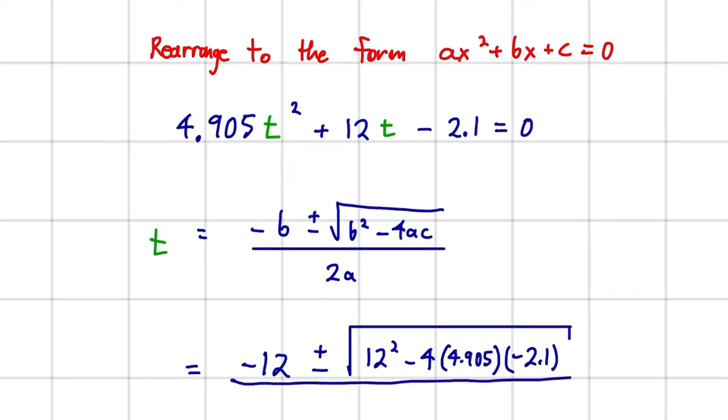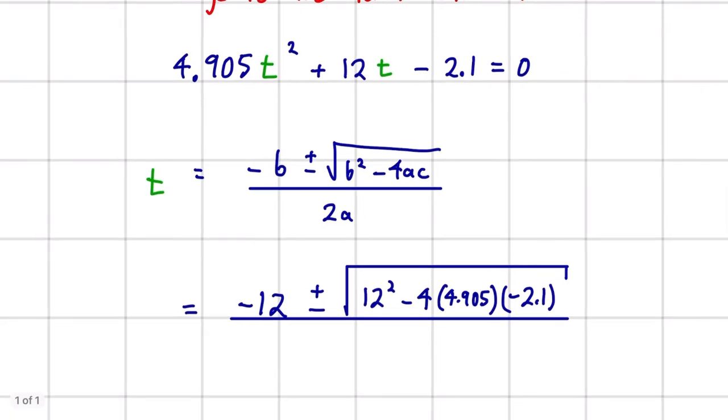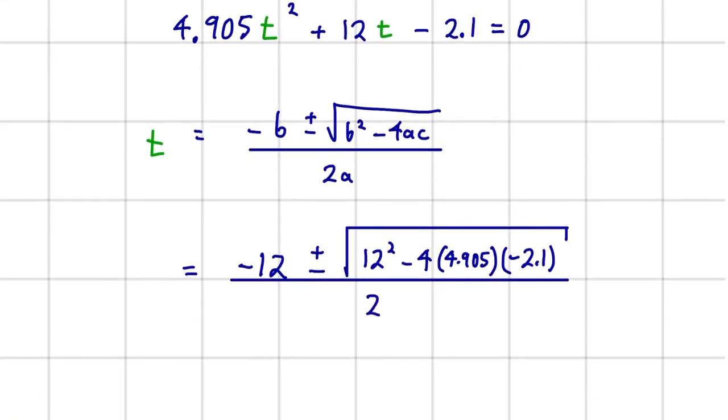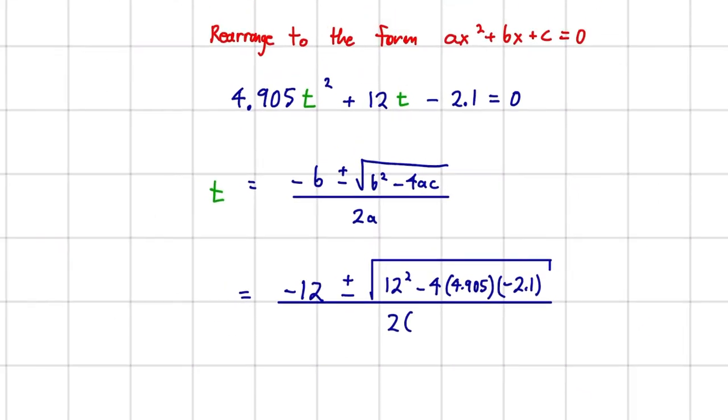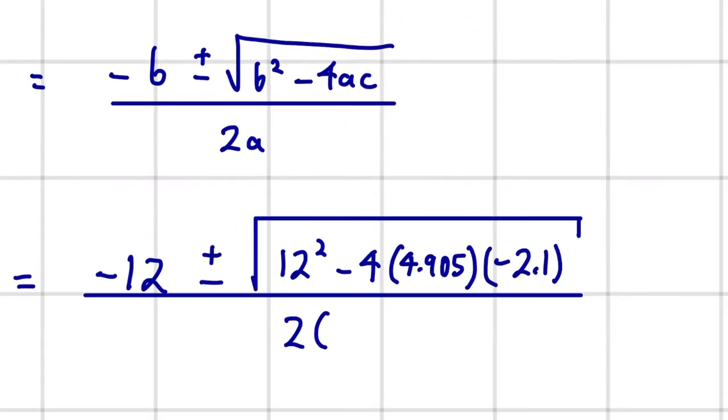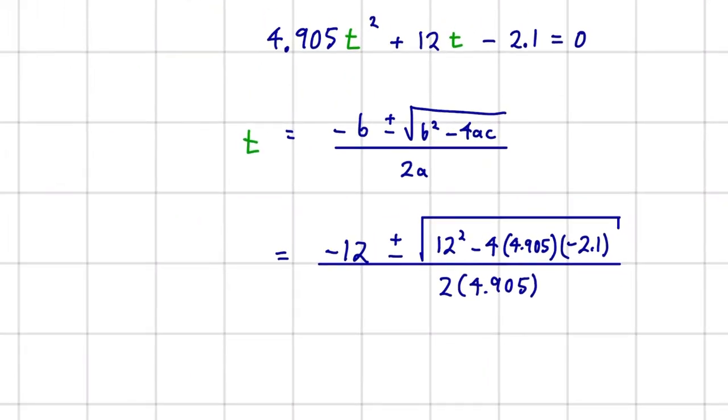That is all over 2 times a. Again, our value for a is 4.905. All right, so we have all our numbers plugged into the quadratic equation.